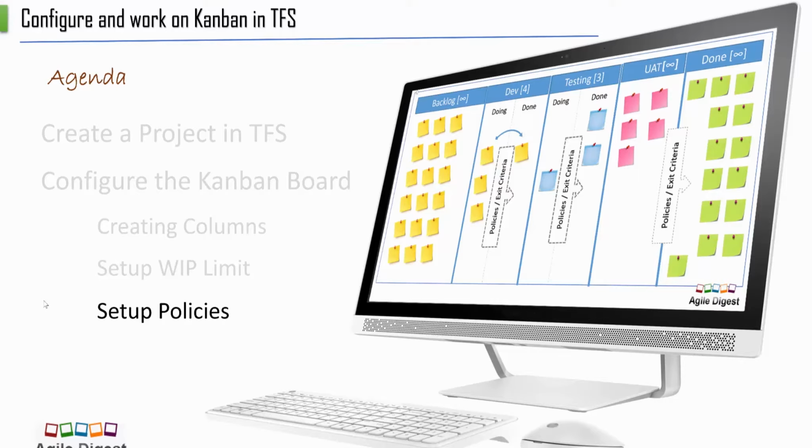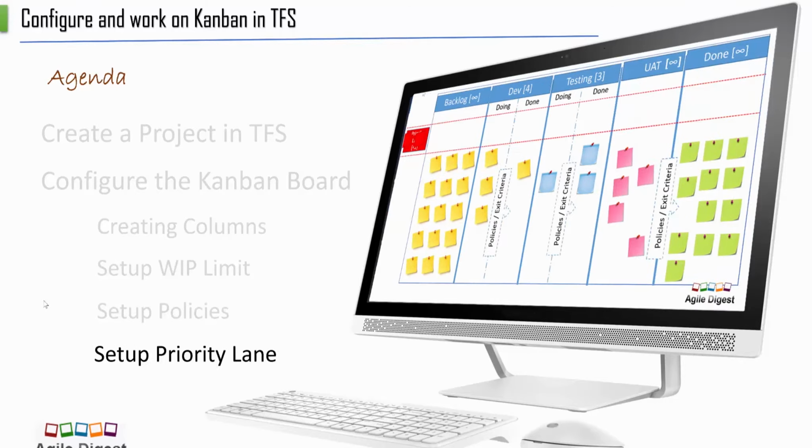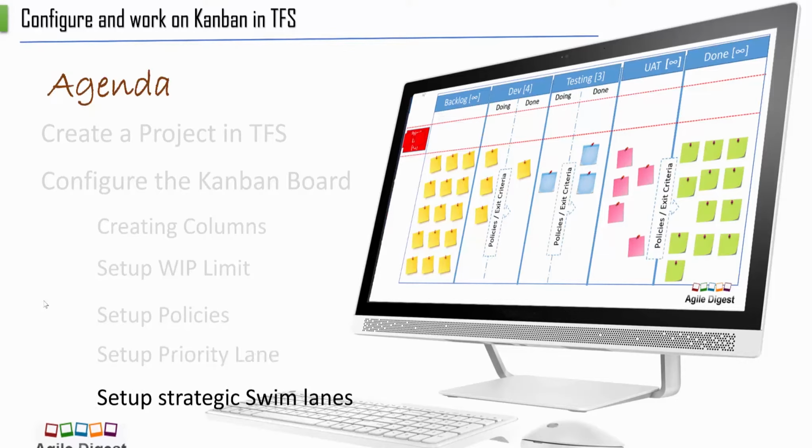Then we'll also talk about creating a priority lane, and if you implement other strategic lanes, I will show you how you can handle different strategies for intangible stories, priority stories, anything related to production support, high priority issues, or the normal stories, and how you will be handling and managing them in your Kanban board. Okay, so let's begin.